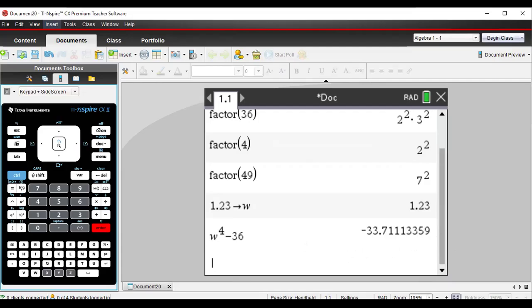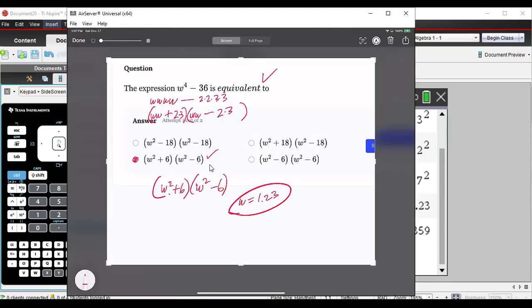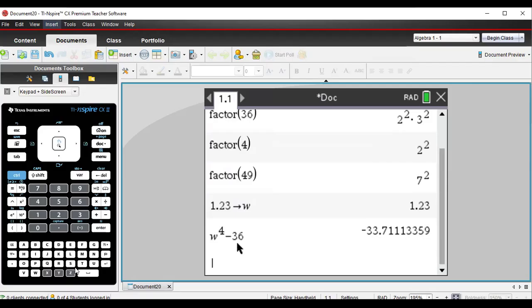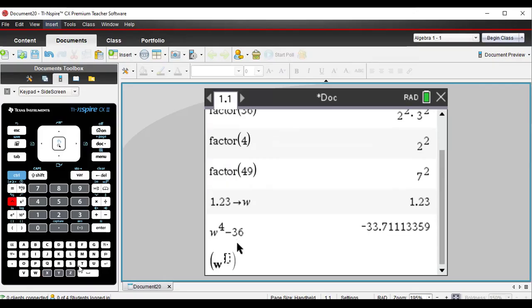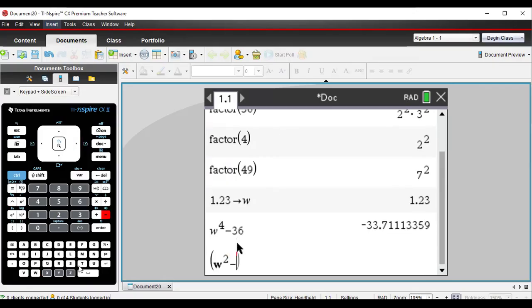But now I'm just going to enter the one that we think is the answer, W squared plus 6 times W squared minus 6. Now, if these do not match, then that means something is wrong. So W squared minus 6, and then W squared plus 6.